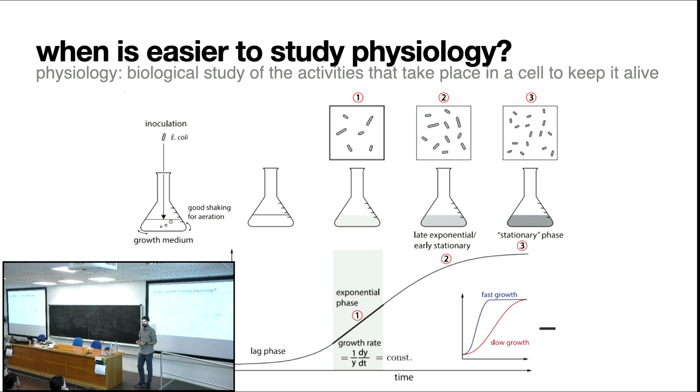And also, for some species, I think you have collective effects, like they help each other, so you don't want to be in the lag phase because they are too few and they can't cooperate well. Okay, so in the middle.